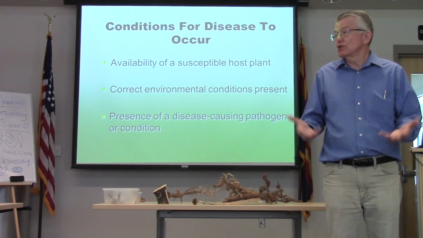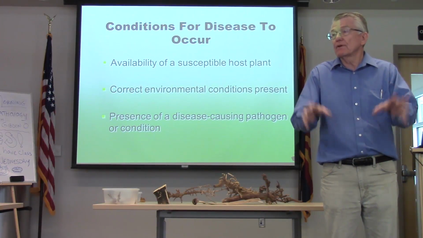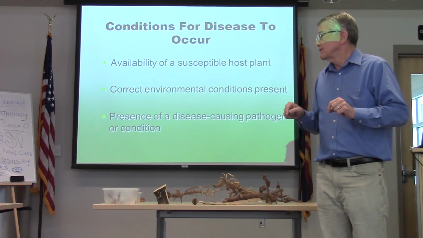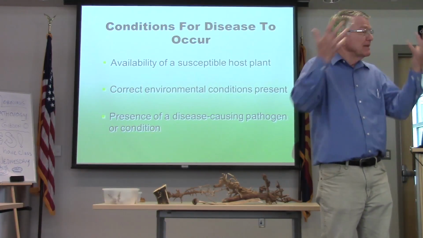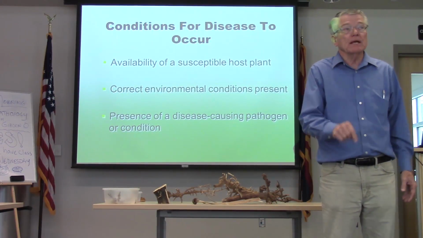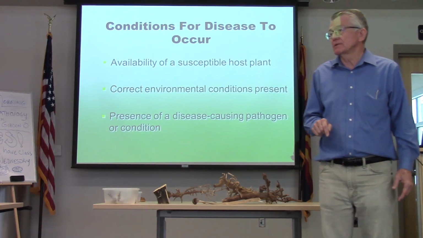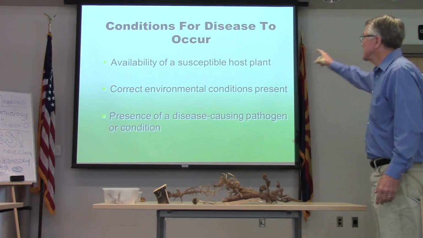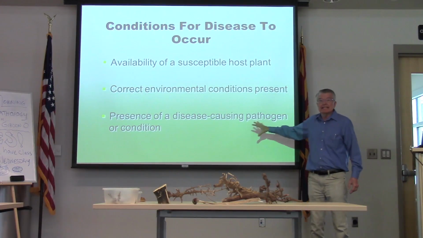If I practice good sanitation and take all the diseased oranges off the tree and off the ground and dispose of them, I have reduced the amount of spores, the reproductive parts of the fungus, that can be in the environment and infect other fruit. I can break the disease cycle by knowing the weak parts and the places where I can have influence. These are the conditions. We often call this the disease cycle.